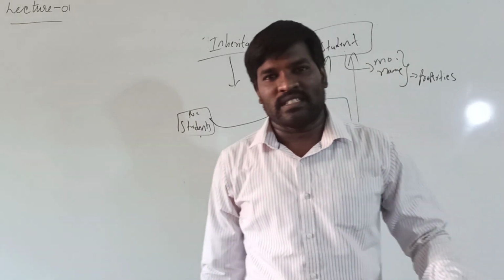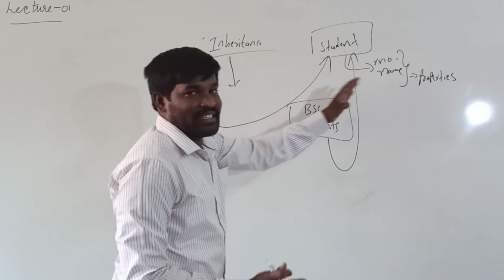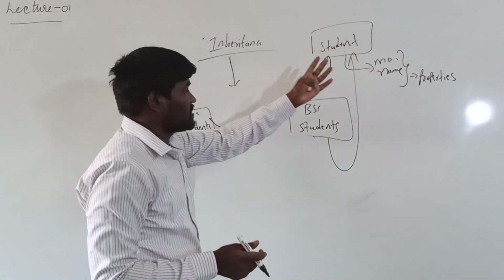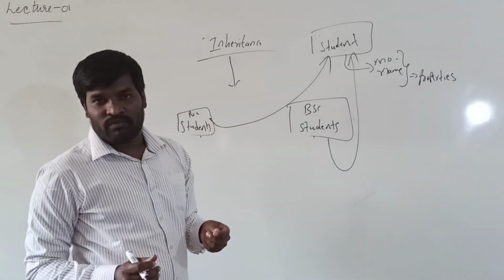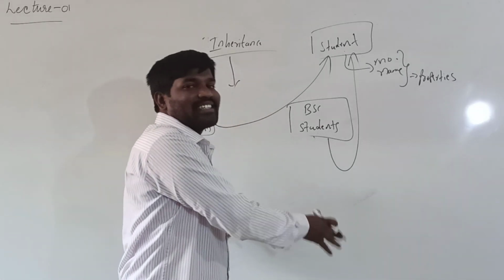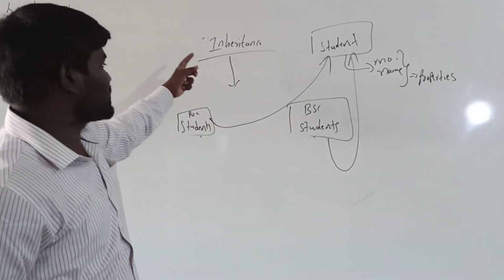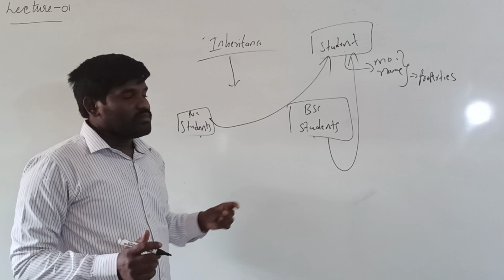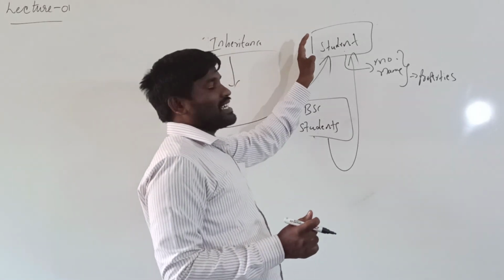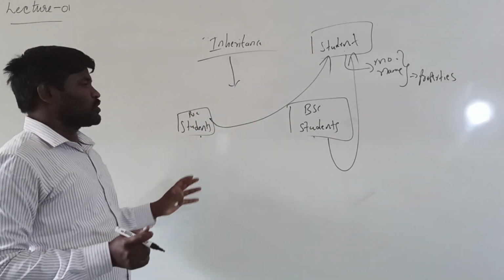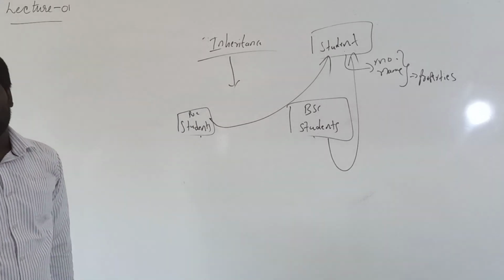But the problem is, every time you have to declare the properties, here roll number and name for PUC students, and in the same way roll number and name for BSc students. Separately you declare the variables and use them. But if you are using inheritance, whatever properties are mentioned in one class can be used more than one time. That is the main advantage of using inheritance.